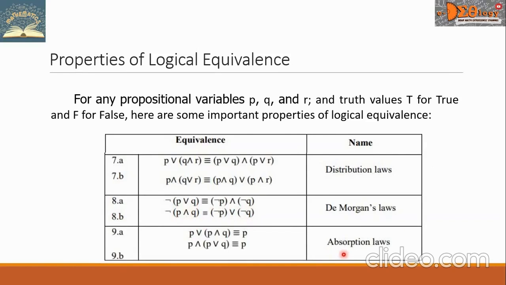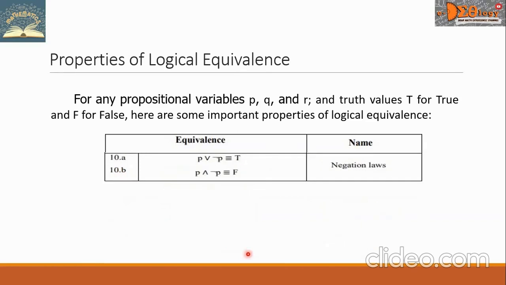Number 9 is absorption laws. We have two parts. 9.a, P or the compound proposition P and Q is logically equivalent to P. 9.b, P and the compound proposition P or Q is logically equivalent to P. Number 10 is negation laws.